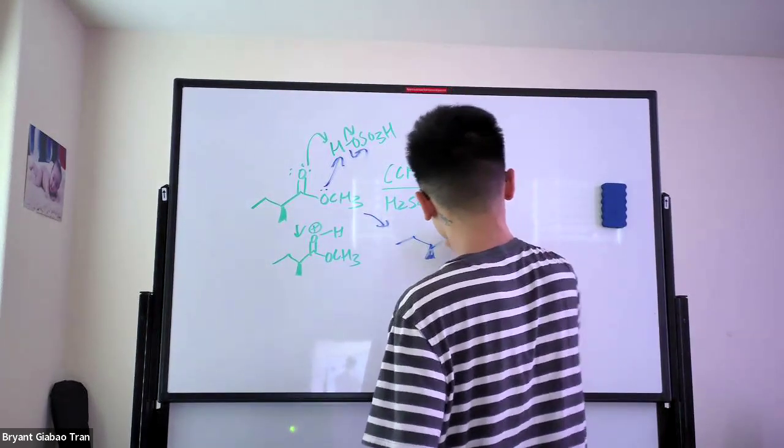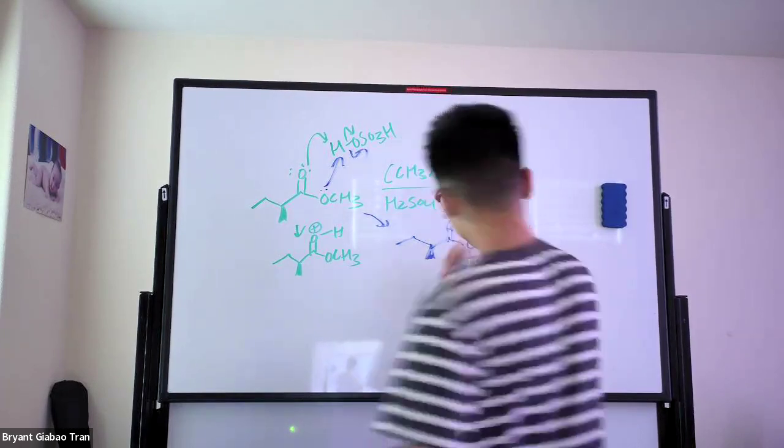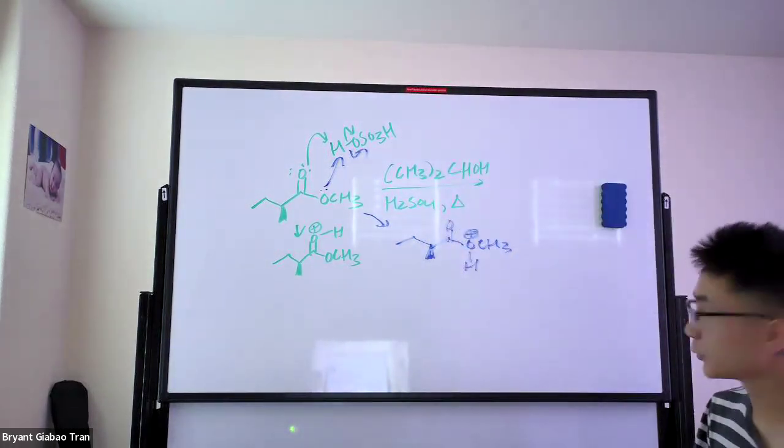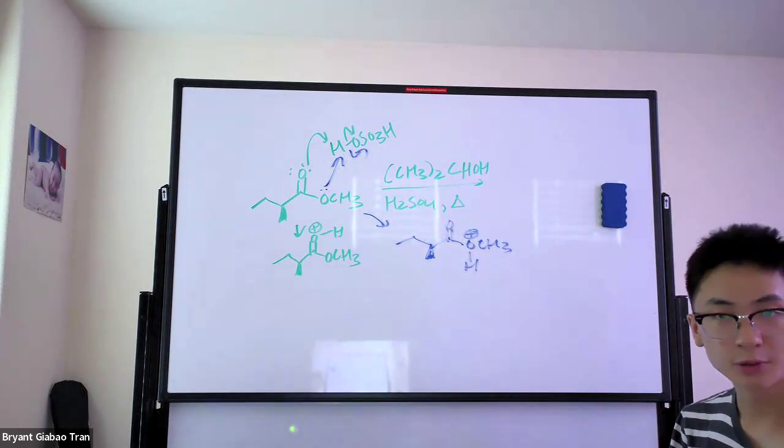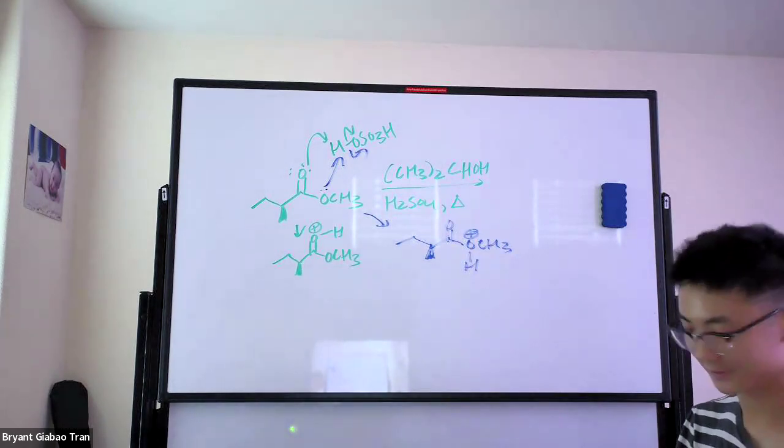Right? Which conjugate acid is the most stable and why? Most stable would be, I think it's the plus on the methoxy.